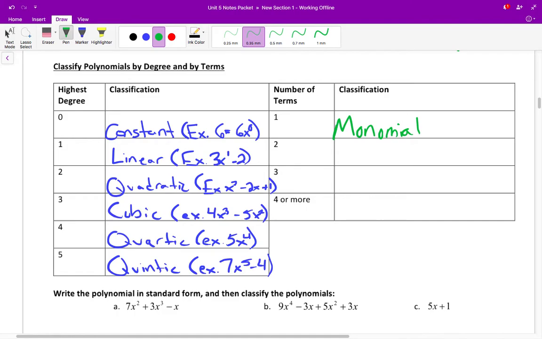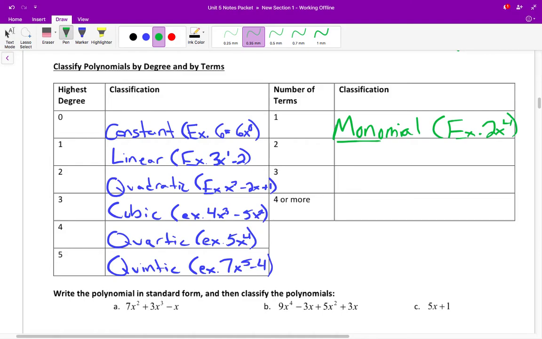It was just a single sound coming out of each of them. There wasn't an alternating sound between the earbuds, but they used to call that mono. When they came out where it was alternating, they called it stereo. Now that's not the name for number of terms 2, but just to give you some history there. Monomial and mono meaning one, there was just one sound. In this case, there's just one term. As an example, you could have something like 2x to the power of 4, which would be an example of a monomial.